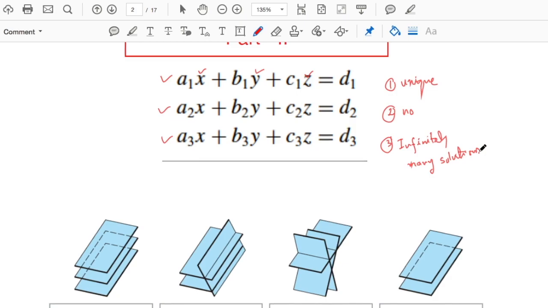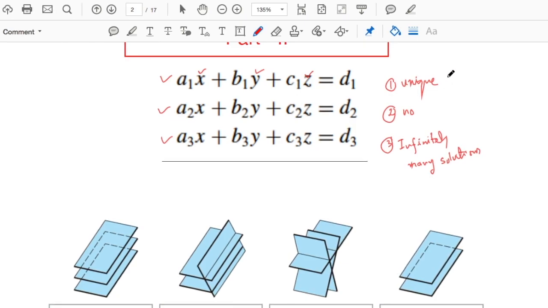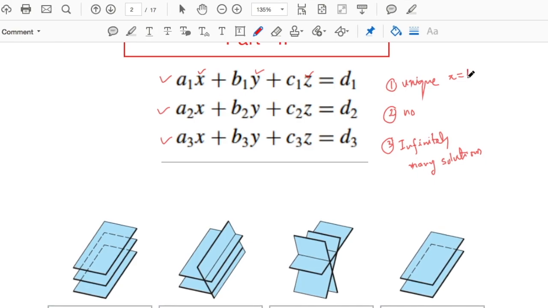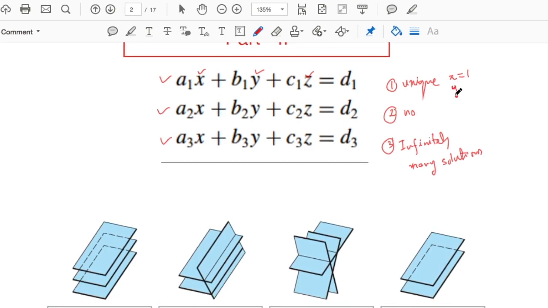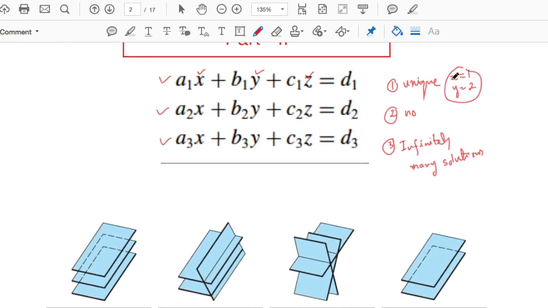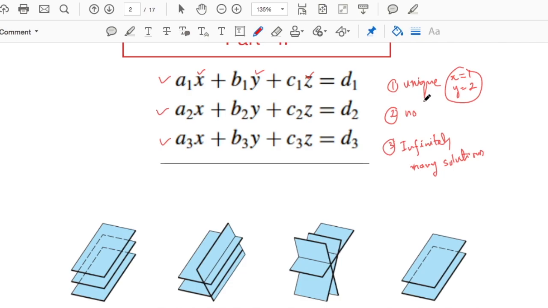And for the unique solution, I said you will get two different values. For example, x equal to 1 and y equal to 2. You will get two different values for the variables, which indicates that the system has a unique solution.